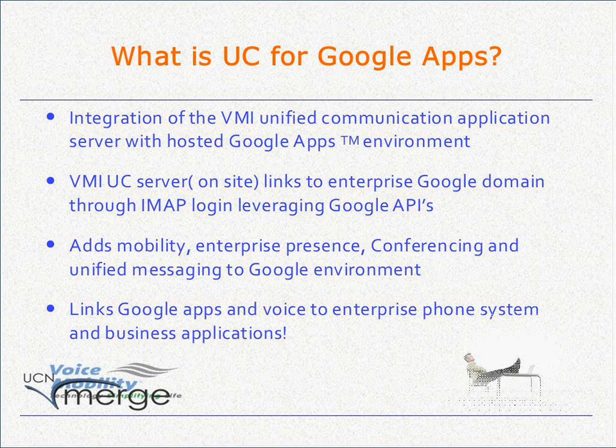Vmerge is a product that sits in your business and connects to your existing phone system, a new VoIP system, or even a legacy TDM phone system, so it doesn't have to be a brand new infrastructure. It works with your existing environment, logs into Google Apps, and bridges the two together so that within your Google Apps environment you have live communications, dialing, call control, unified messaging, everything natively out of Google Apps.